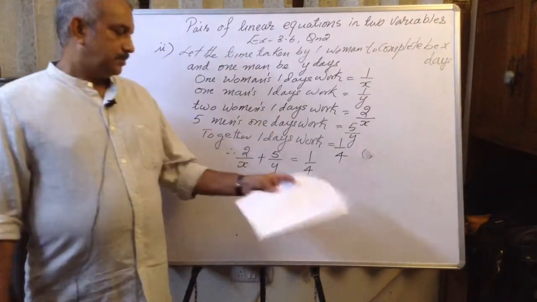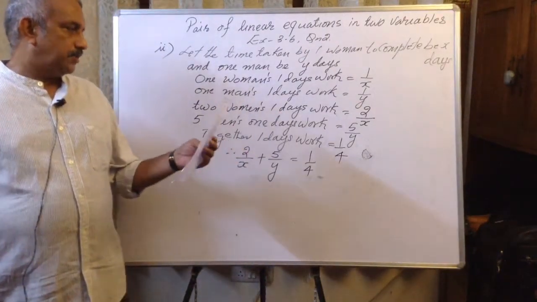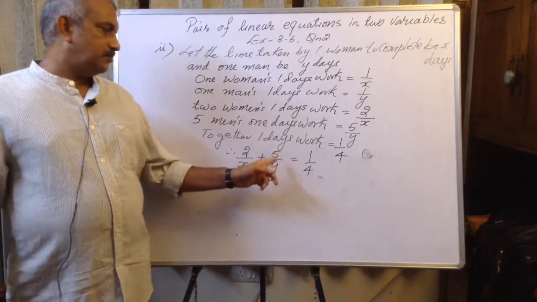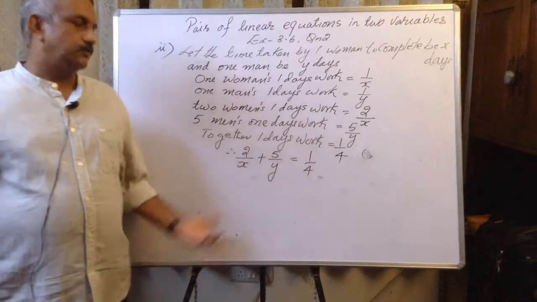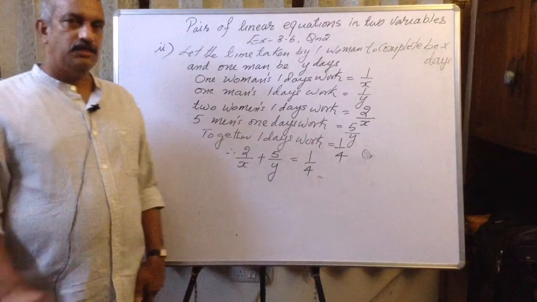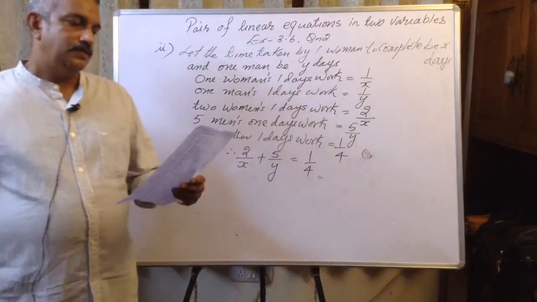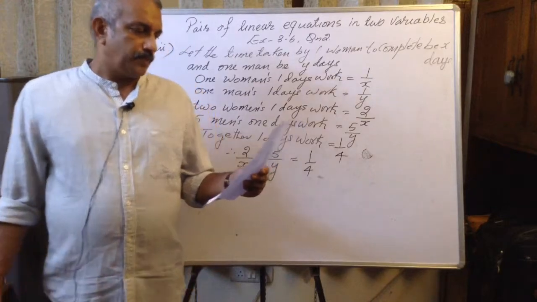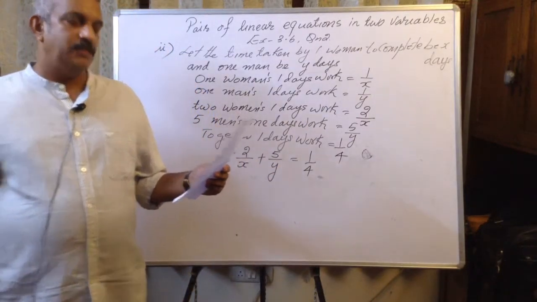Now the second one. Once again, 2 women's 1 day's work, 5 men's 1 day's work, and together 1 day's work, so they should be equal. So 2 upon x plus 5 upon y is equal to 1 upon 4. Now the second part says 3 women and 6 men can finish the work in 3 days.